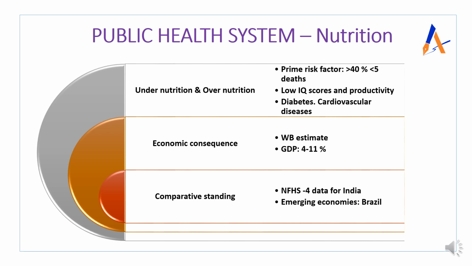There is another data point with respect to wasting. Every fifth child is wasted, that is low weight for height. So this data you can analyze from India. But when you compare it with emerging economies like Brazil or China, the story is different. Stunting in Brazil is 6.1%, wasting is 1.6%.